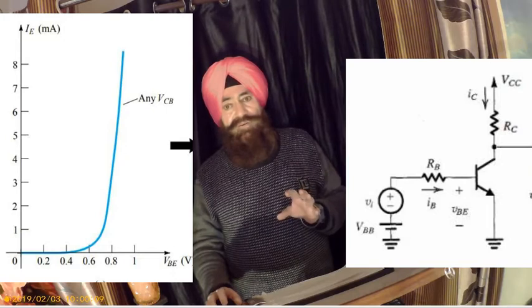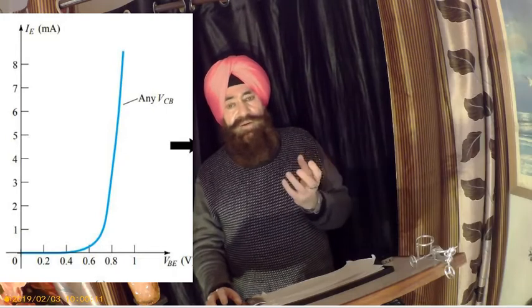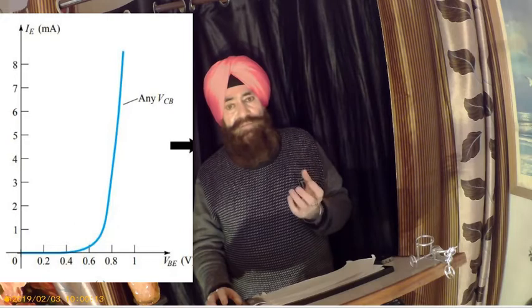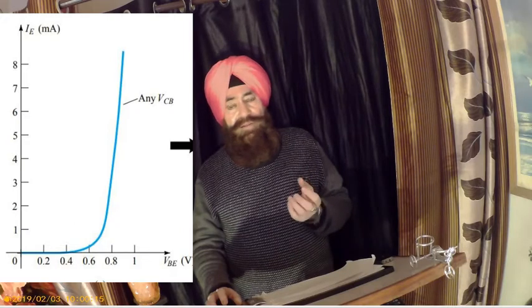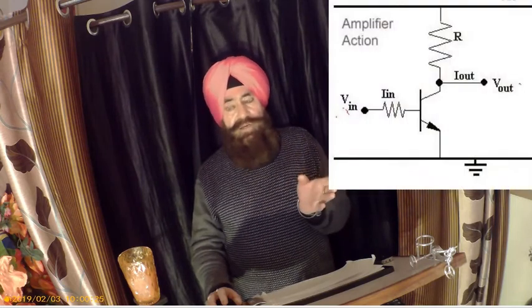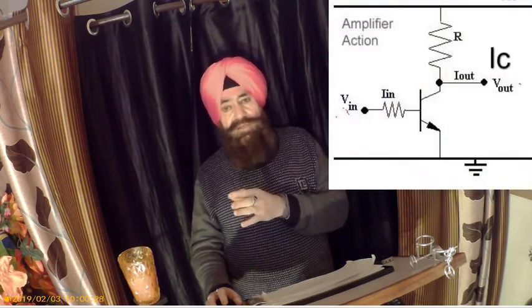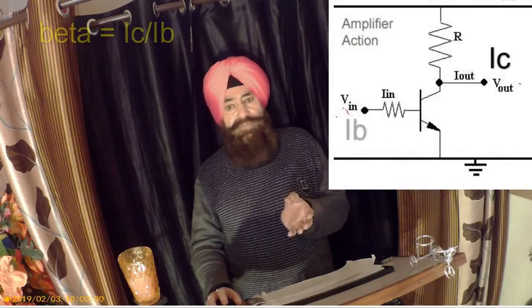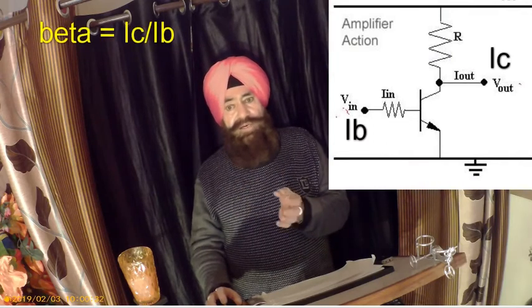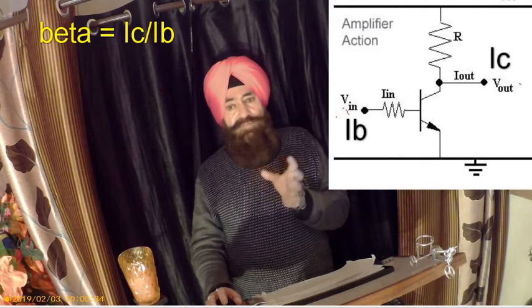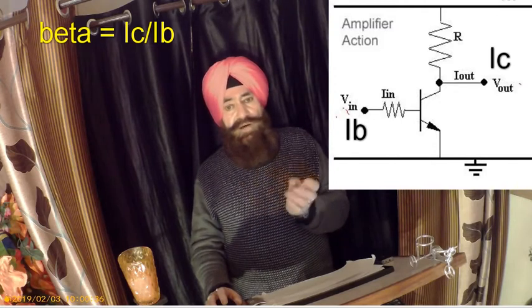Then, the amplifying principle of a transistor for common emitter configuration is the output current over the input current, that means IC divided by IB, and that ratio is called beta. Beta is IC over IB.